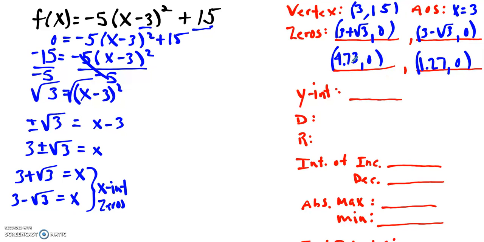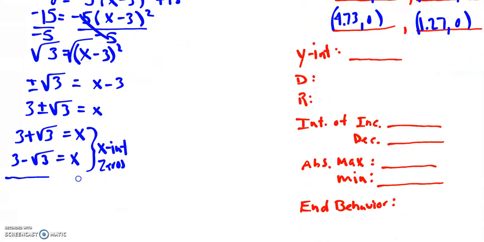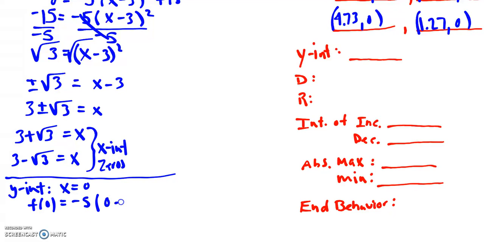All right, let's find our y-intercept. To find the y-intercept, we set x equal to 0. So we have f of 0 equals -5 times (0 minus 3) squared plus 15.